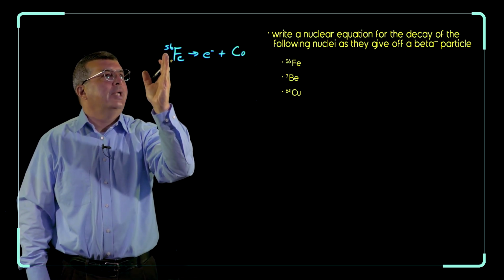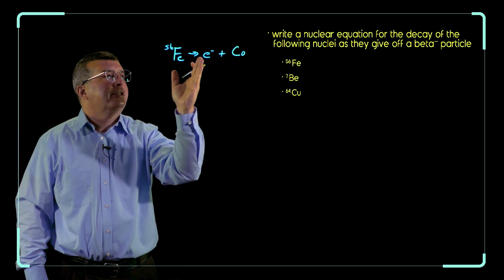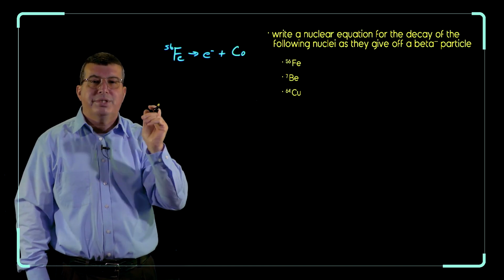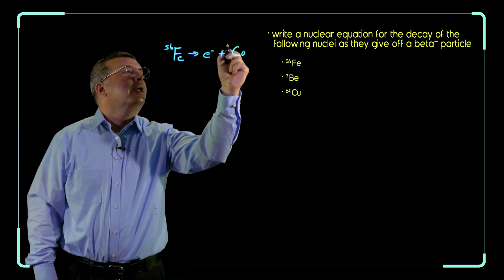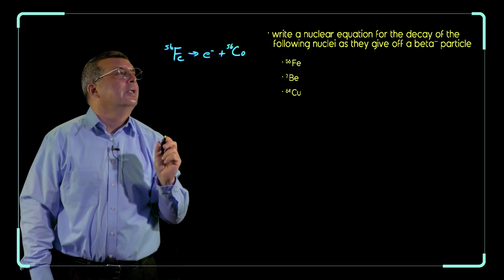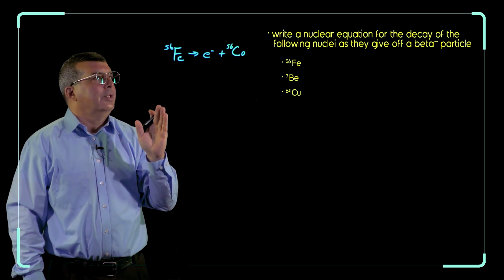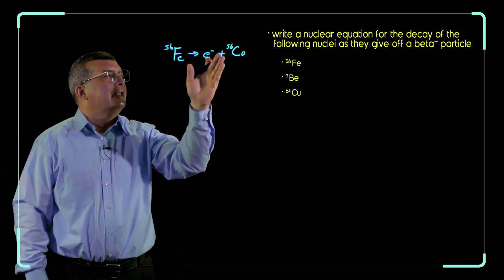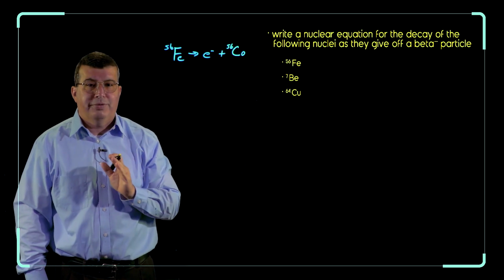The number of nucleons, the total number of neutrons and protons, doesn't change. So this is 56 neutrons and protons. We still have 56 neutrons and protons. Okay, so the iron 56 beta minus decays and becomes cobalt 56.